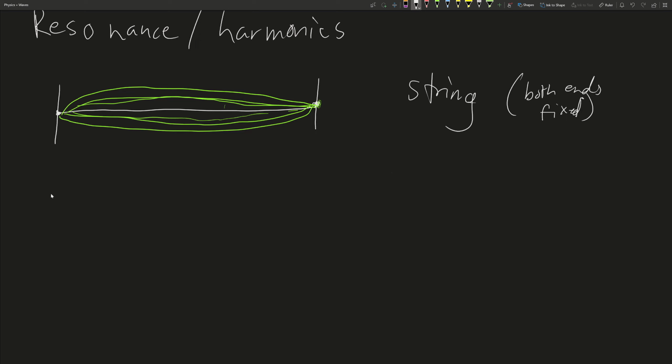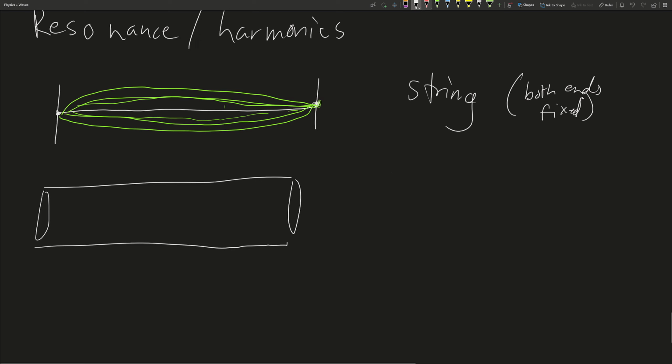You can also have a tube here, like I said, with wind instruments, and both ends of the tube are open here. So you know that they can't be nodes, because both ends are vibrating back and forth with a longitudinal wave. And so when you have a wave here, it'll fit in the tube like this. It'll vibrate back and forth across these positions.